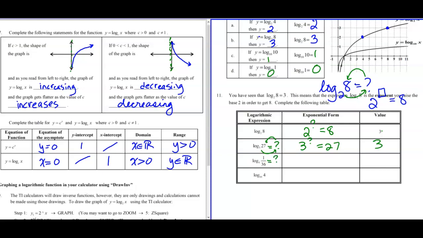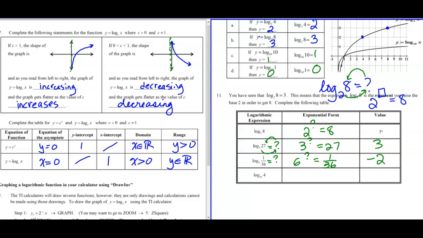So this equals what? 6 to the something has to give me 1 over 36. So if my base and my answer here in the exponential are reciprocals, I know that my answer needs to be negative. That's the only way you can flip something, right? Is raise it to a negative exponent. So 6 to the negative 2 equals 1 over 36.